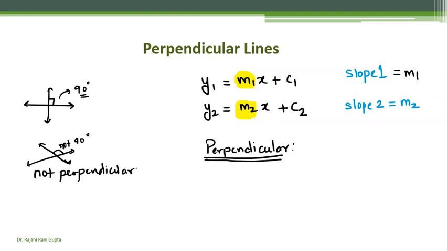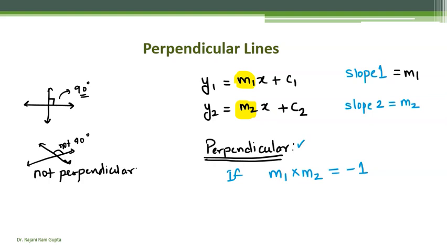We say that two lines are perpendicular if, when we multiply their slopes, m1 times m2, and simplify, we get minus 1. If it comes as minus 1, the lines are perpendicular. Otherwise, the lines are not perpendicular.